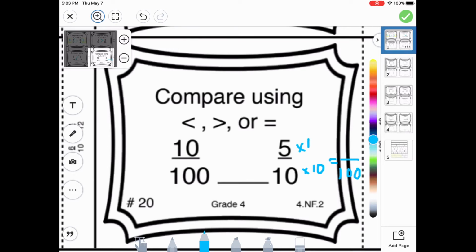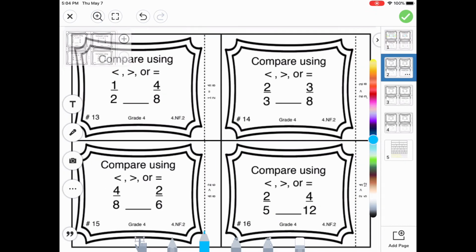Then whatever I do to the bottom, I need to do to the top. 5 times 10 is equal to 50. So now I can compare 10/100 and 50/100, and I can clearly see that 10/100 is less than 50/100. In fact, 50/100 is equal to 1/2. All right, on to the next page.